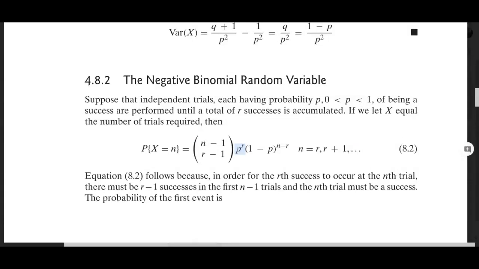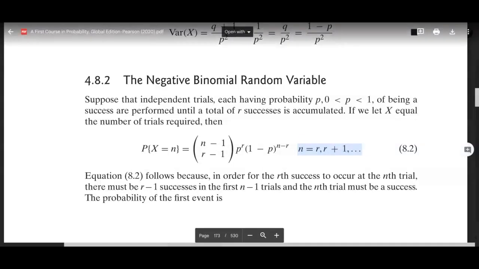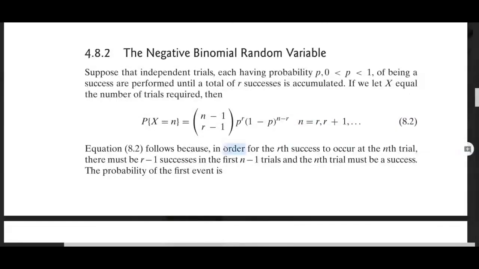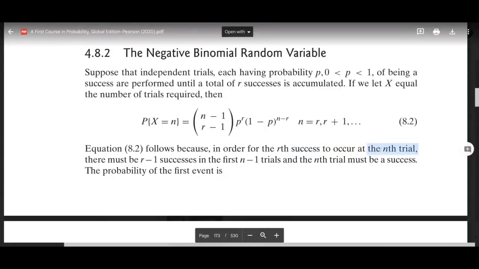We have r successes with probability p, and 1 minus p for the n minus r failures. Because we don't consider the nth one, we choose r minus 1. Here n is bigger than r, in order for the rth success to occur at the nth trial.